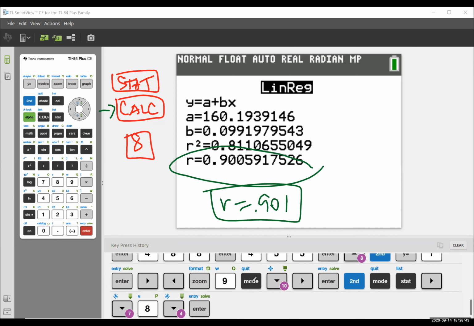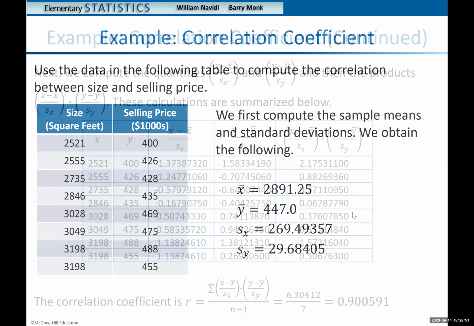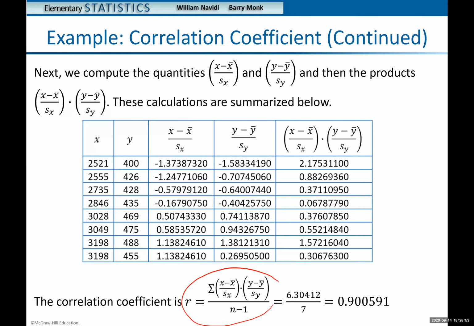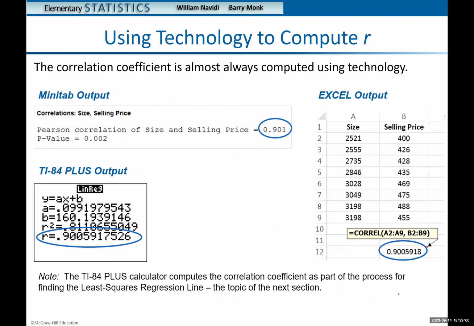Okay? And you will see here the answer is the same thing as with the formula, 0.9001. And that is our answer, 0.901.